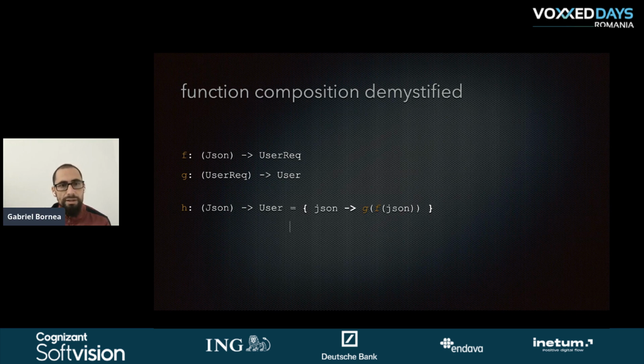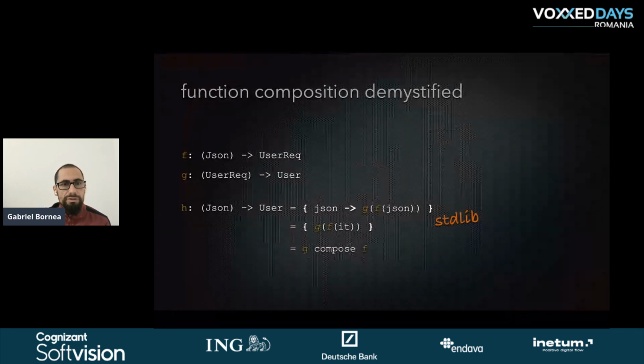There is a shorter way in which we can write this. In Kotlin, if you have a lambda expression with a single argument, and you do not want to give it a name, you can use the default name, which is it. But there are another two ways in which you can do this. You can use the compose function, or you can use the andThen function.